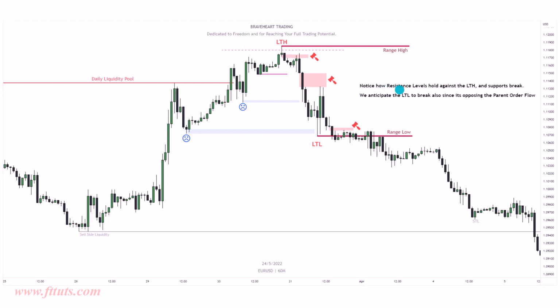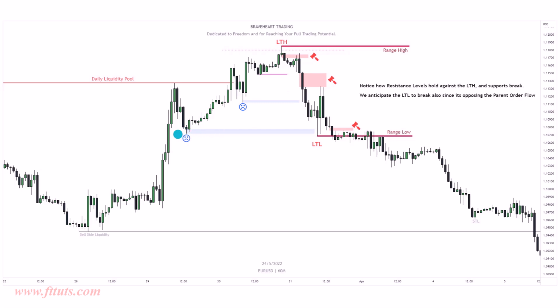Notice how resistance levels hold against long-term high and support levels break. So here, long-term high is printed because we hit that higher time frame resistance level. Any opposing support levels, since we have confirmation that it wants to go down with this market structure break, any opposing support levels here, we expect them to break. This order block here, clean close below it.